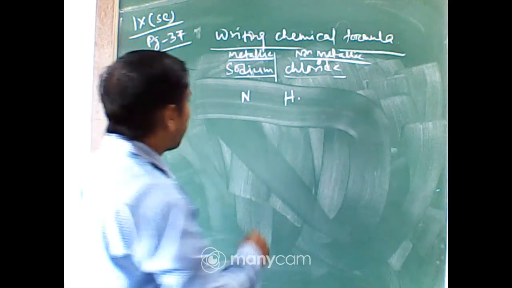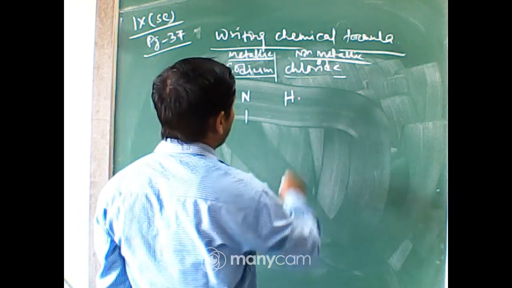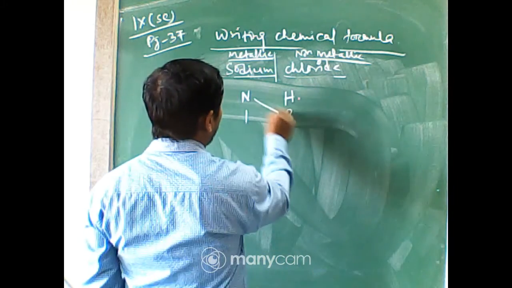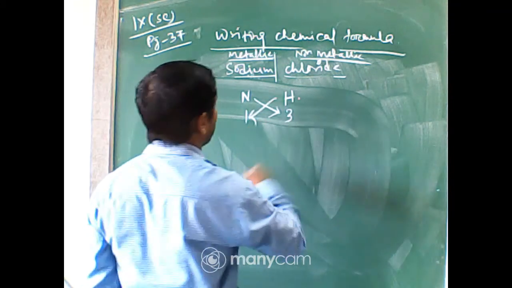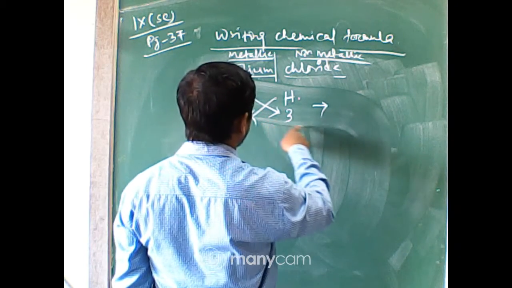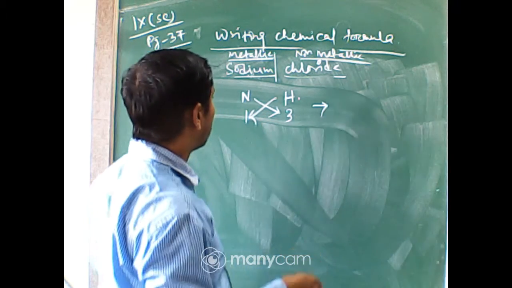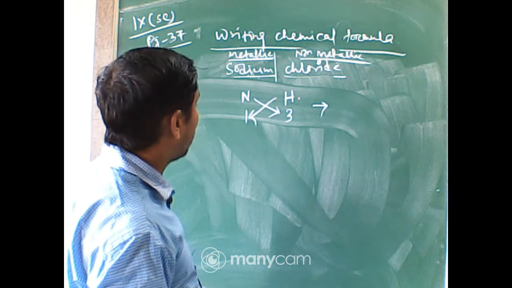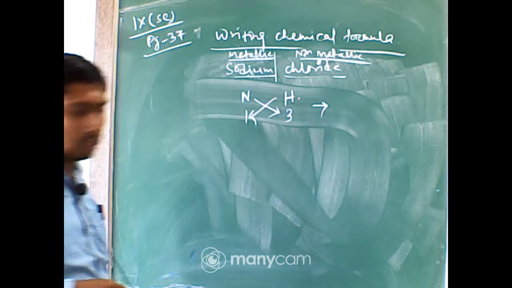Okay, the number of nitrogen atoms is 1 and the number of hydrogen atoms is 3.